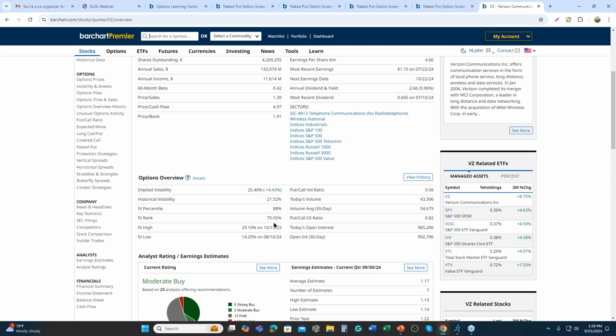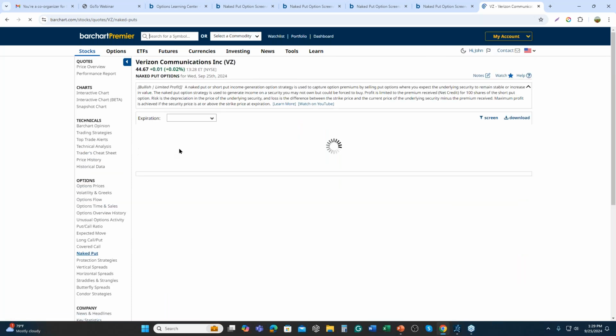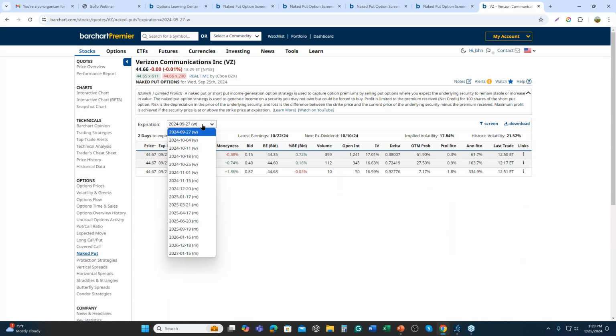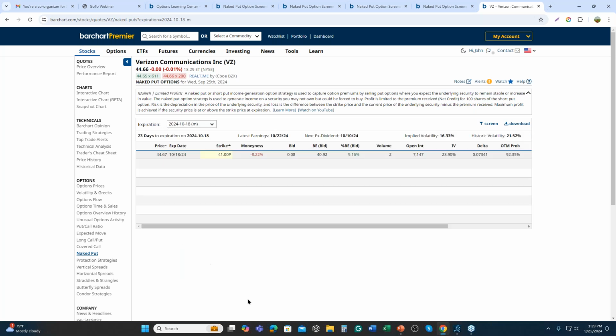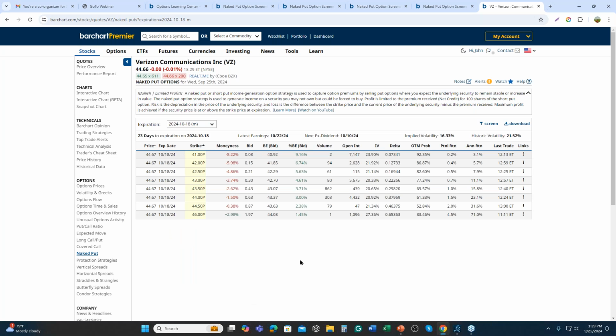Now, in relative terms, that is high relative to its history, but 25% versus, say, another equity that is 50 or 100%, it would be relatively low. And what we will find is that if I go to, let's say, naked puts, and I look at, let's say, one month out, not the weekly but the monthly expiration, and I start looking at that probability and potential return, what I might find is that the potential return I'd be willing to accept is too close to current price.